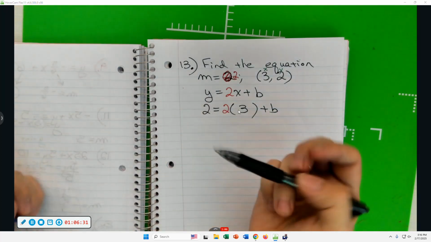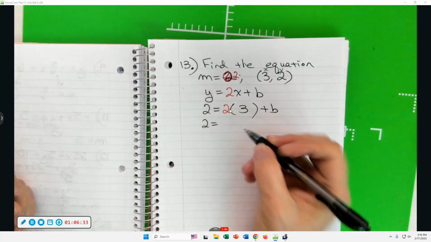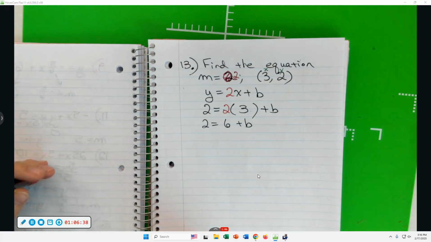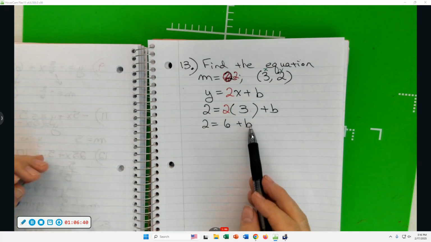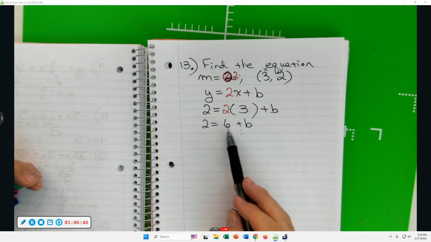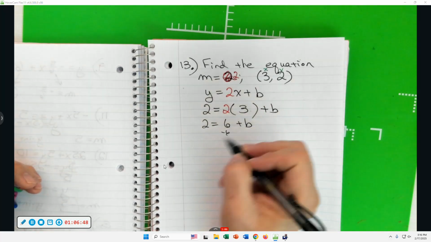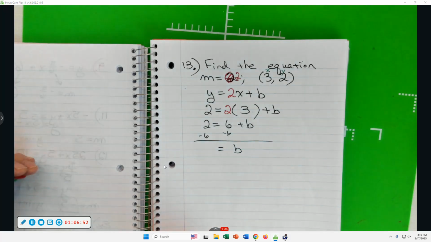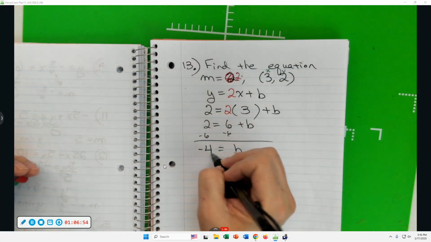So we have 2 equals 2 times 3, which is 6, plus b. Now we can find b. What do we have to do to get b by itself? Subtract 6, which gives us a b value of -4.